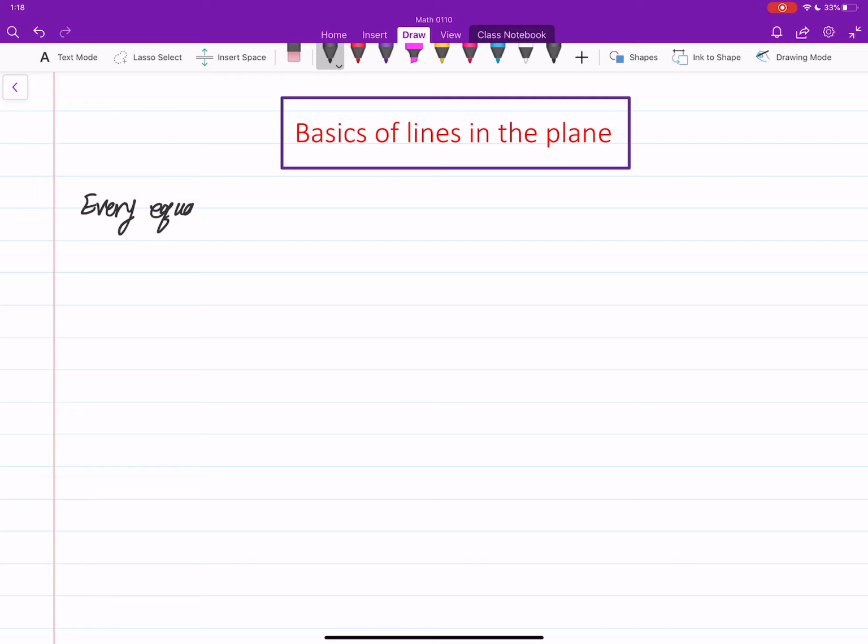Okay, let us start with a very interesting fact: every equation of the form ax plus by equals c, where a, b, and c are constants, describes a line in the plane.